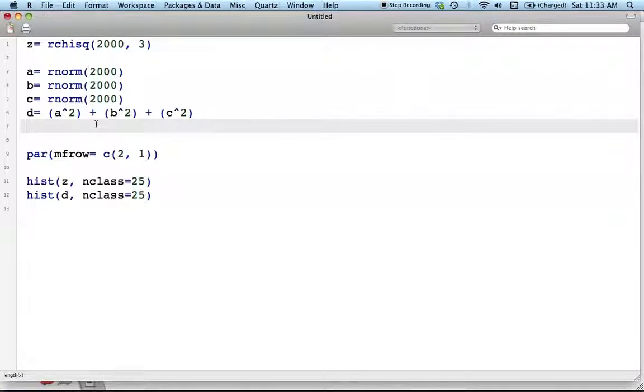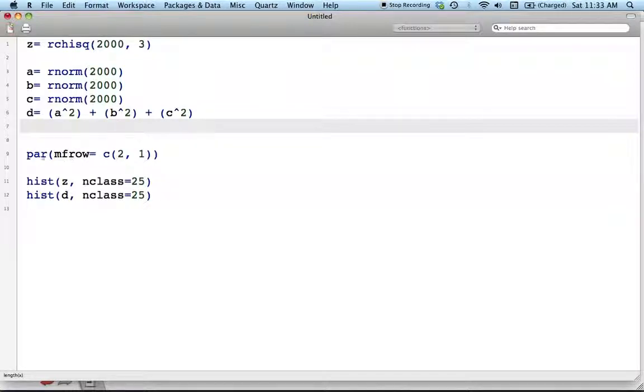So it's kind of crazy because these things are just random. But the claim is that even though they're random, doing this procedure of squaring them and summing them is going to have some kind of predictable result.